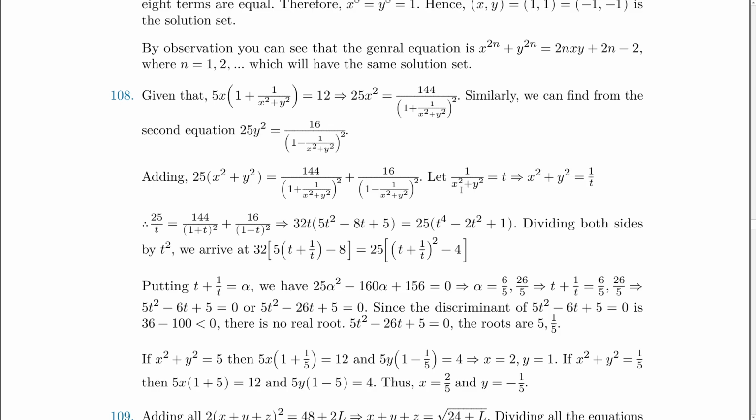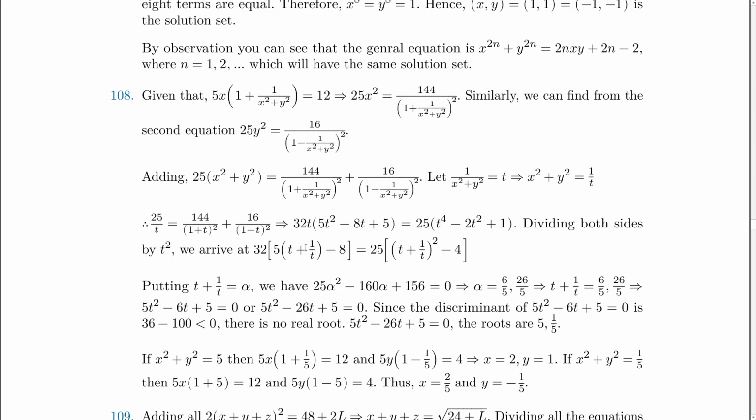Now we put 1 by (x square plus y square) equal to t. So x square plus y square is equal to 1 by t. This will be (1 plus t) square, (1 minus t) square, and then I made a mistake here. We don't have to solve; the reciprocal of this is 1 by t. So left hand side becomes 25 by t is equal to 144 by (1 plus t) whole square plus 16 by (1 minus t) square. Now we solve this and we arrive at this equation, 32 into 5 into (t plus 1 by t) minus 8 plus 25.